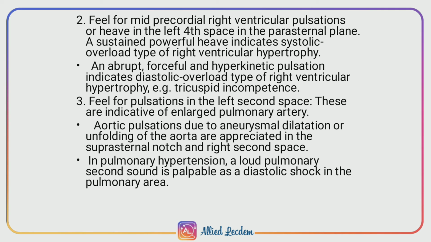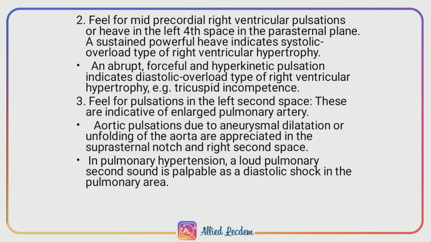Second, feel for mid-precordial right ventricle pulsations or a heave in the left fourth space in the parasternal plane. A sustained powerful heave indicates the systolic overload type of right ventricular hypertrophy. Abrupt, forceful and hyperkinetic pulsations indicate the diastolic overload type of right ventricular hypertrophy, for example tricuspid incompetence.